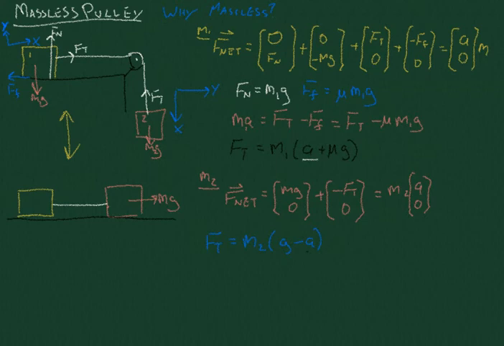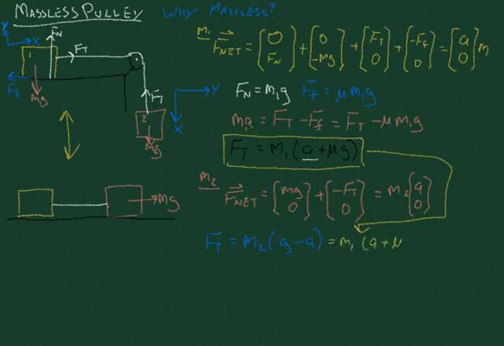And so once I have this, I can go back and pull, sorry, not there, right here, I have my formula for tension from the first equation. I'll set them equal to each other, so this is equal to m1 a plus mu g. So now I've gotten rid of the tension, and I have an equation with only one unknown, the acceleration. So now I can find the acceleration of the system.